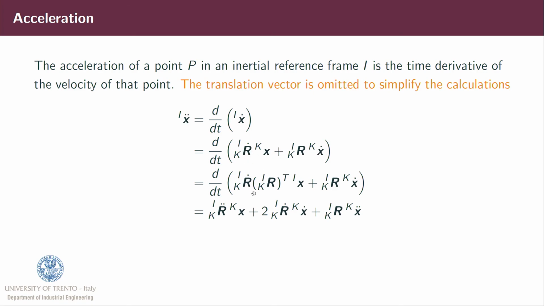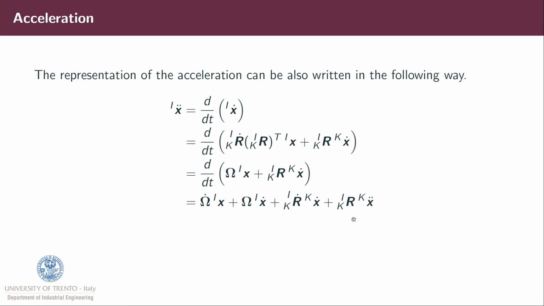After some passages, we obtain that the acceleration with respect to the reference frame I has this expression: the rotation matrix derived twice times x in the k reference frame, plus 2 times the first derivative of the rotation matrix times the velocity in the k reference frame, plus the rotation matrix times the acceleration in the reference frame k.